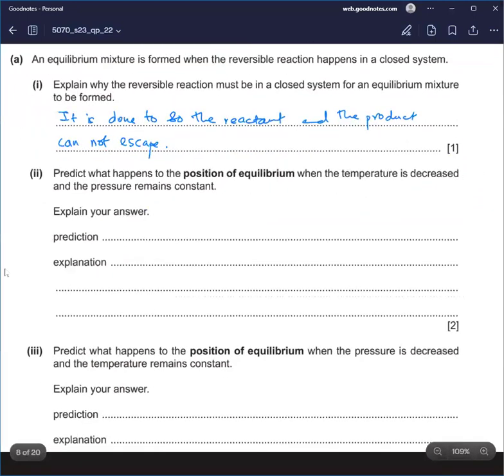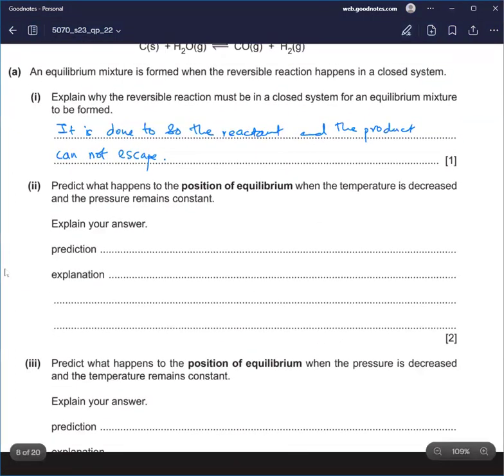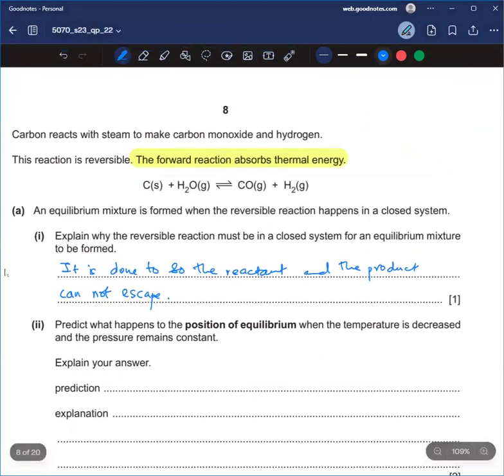Part 2 is asking us to predict what happens to the position of equilibrium when the temperature is decreased and the pressure remains constant. For that, we can use this highlighted information, which tells us that the forward reaction absorbs thermal energy, which means that the forward reaction is endothermic. I'll write: forward reaction is endothermic.